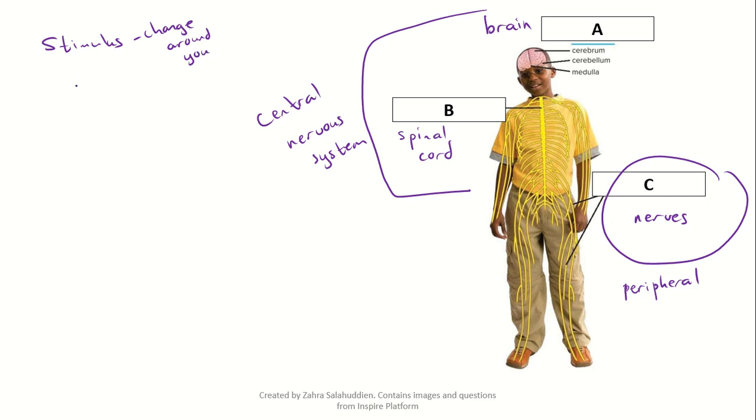It could be light, sound, anything that your body can detect, like what you see, what you hear, what you touch. When these things change around you, your body will react. So stimulus is when something changes around you. What your body does is called your response. Response, what your body does.